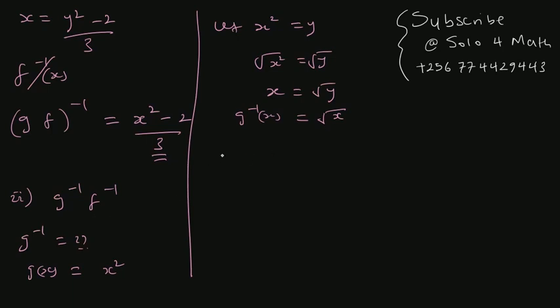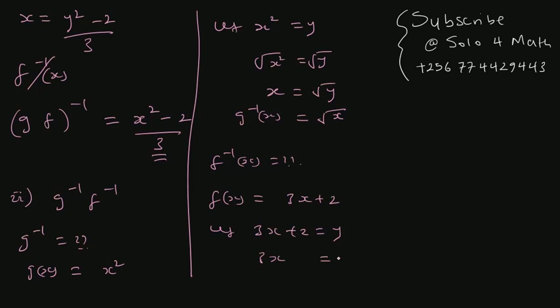What is remaining? We remain with f inverse of x, and we get it from the function f(x), which is equal to 3x + 2. We let 3x + 2 be equal to y. Then make x the subject.